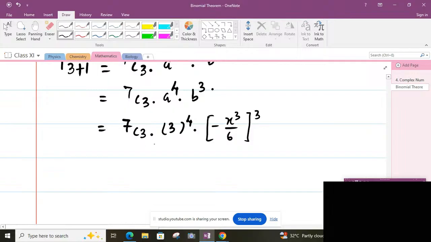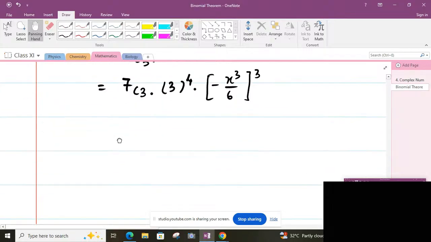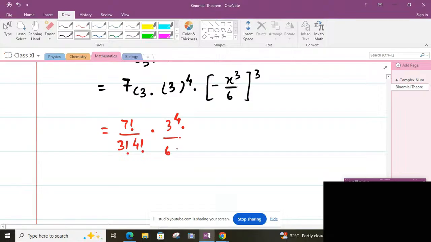Hope that there is no problem to understand up to this step. So the next step here will be factorial 7 by factorial 3, and 7 minus 3 equals factorial 4, 3 to the power 4 into 6 to the power 3 into minus 1 to the power 3 for this minus into x cube to the power 3.